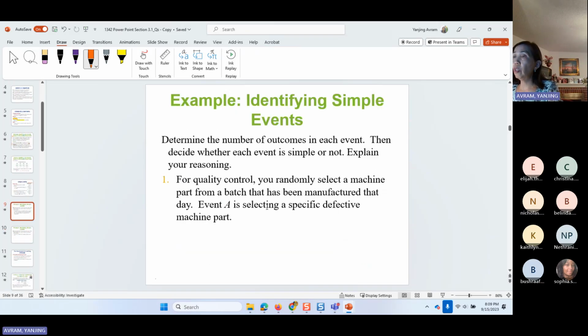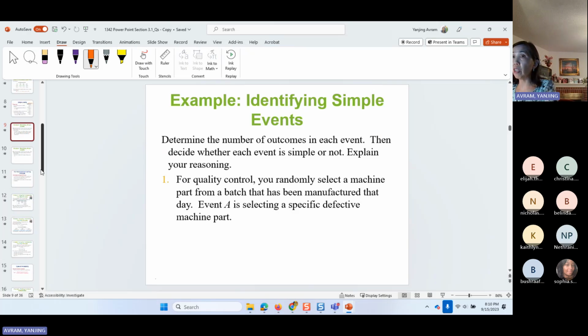All right, so determine the number of outcomes in each event and determine whether each event is simple or not, okay? For quality control, you randomly select a machine part from a batch that has been manufactured that day. Event A is selecting a specific defective machine part. Okay, so selecting a specific defective machine part, is this a simple event or not?